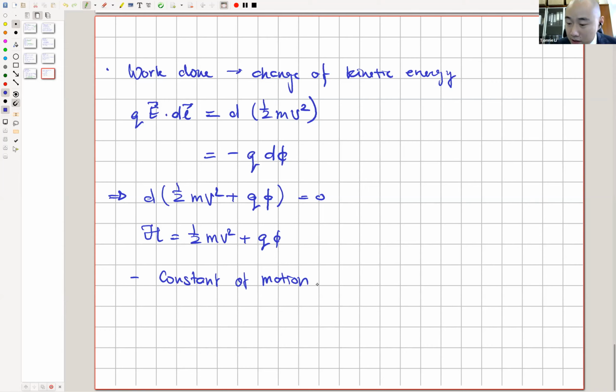And it turns out that for conservative systems, this is also the total energy. Total energy. And for conservative systems, this is the Hamiltonian.